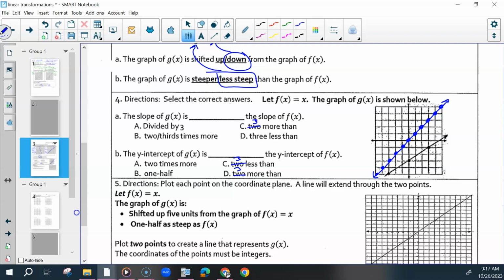So if we were comparing the slope of the original, the one I graphed, to the new one, the one that was already graphed, which of these would apply?